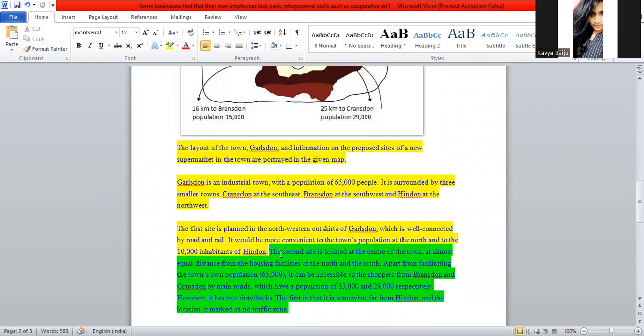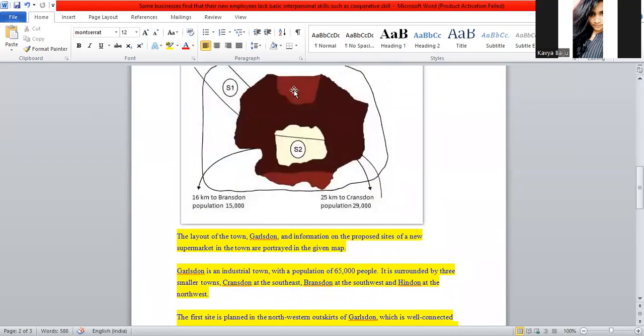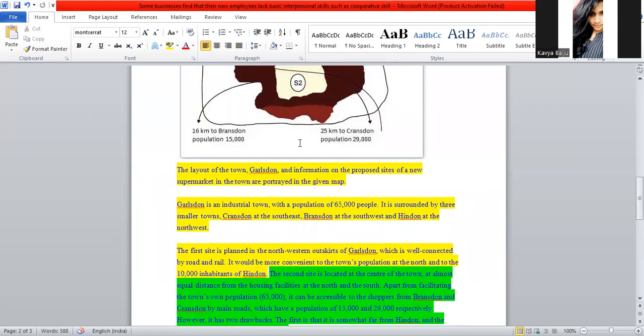The second site is located at the center of the town at almost equal distance from the housing facilities at the north and the south. You can see the housing facilities at the north and the south, and it's at the center.